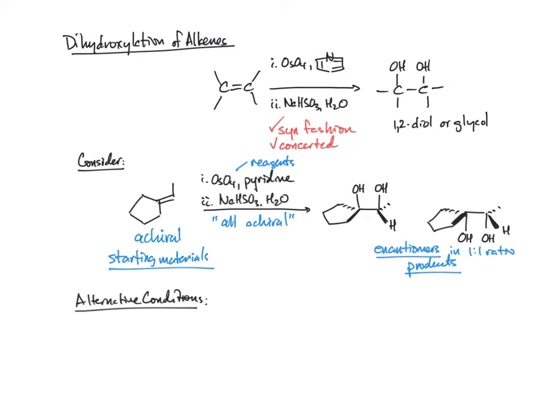And I'm just going to, in general, call them ligands. So osmium is a metal, right? It's a transition metal. A ligand is basically an architecture that you can put around the metal. So specifically, chemists looked at developing chiral ligands.